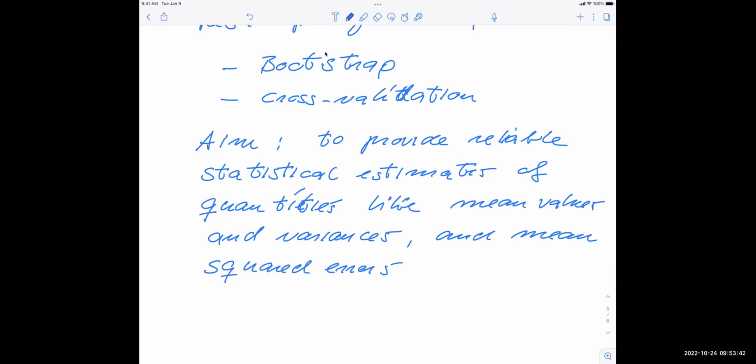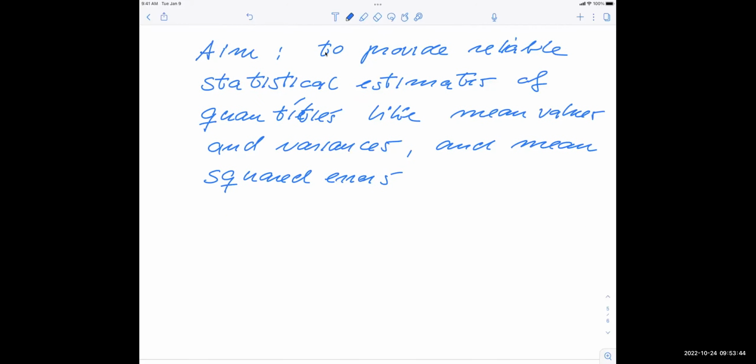So let me remind you, for instance, of the mean value, what that actually looks like. The mean value, mu, of a given variable is given by 1 over n times the sum over the number of observations we have, i equals 0 to n minus 1, of some observation x of i.